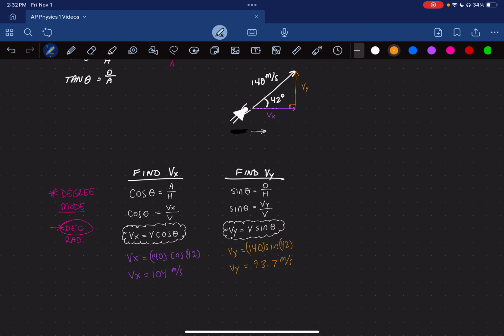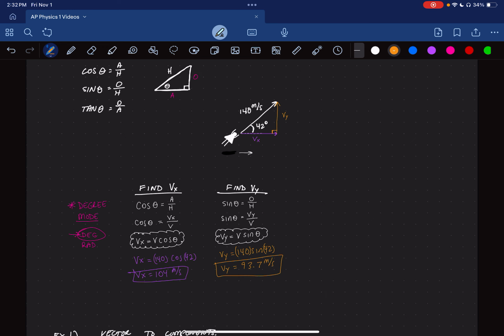So Superman's shadow has a velocity of 104 meters per second, and Superman's altimeter increases at 93.7 meters every second. So that's just an example of components.